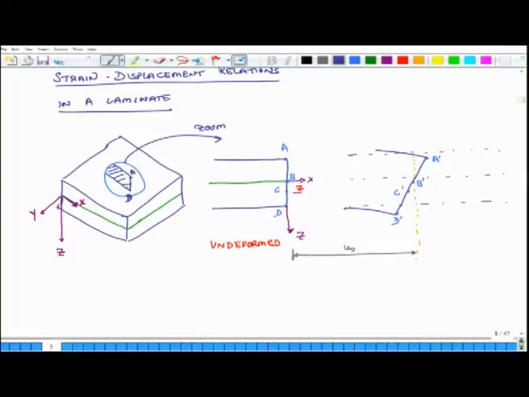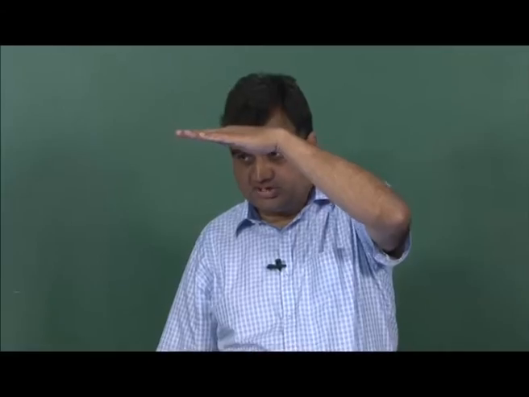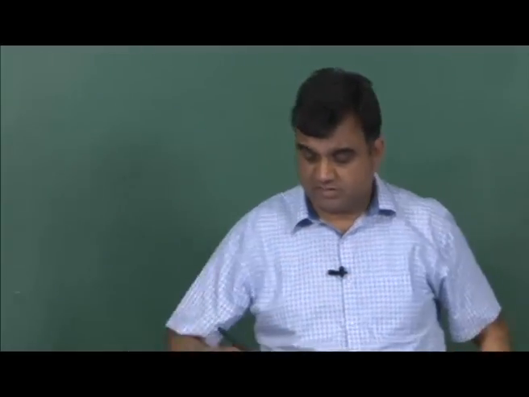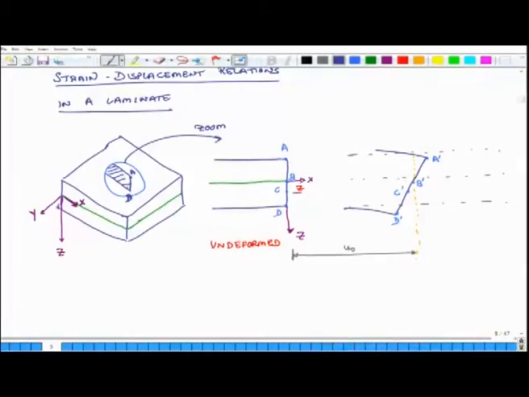So, three things have happened, not just two things. I have pulled the plate in the u direction, in the x direction, I have rotated it, and I have also pushed it downwards. Otherwise, this B prime would lie on the original mid plane line, but now it has gone down.